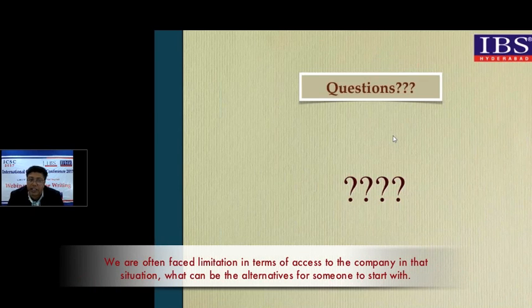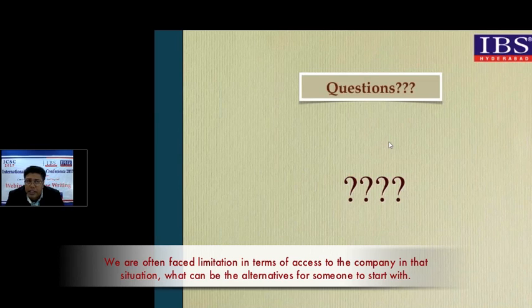So another question has come in. We are often faced with limitations in terms of access to companies. In that situation, what can be the alternatives for someone to start with? Okay. Yes, access to companies may be very tough.